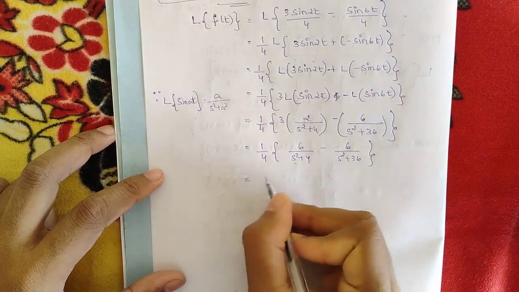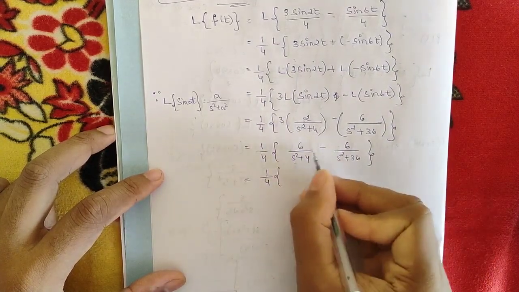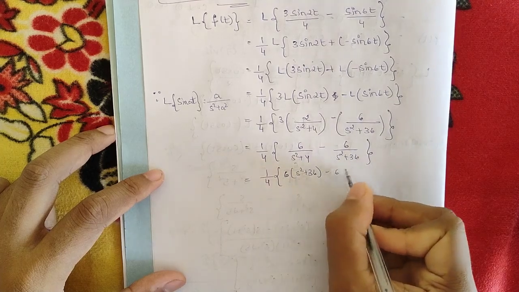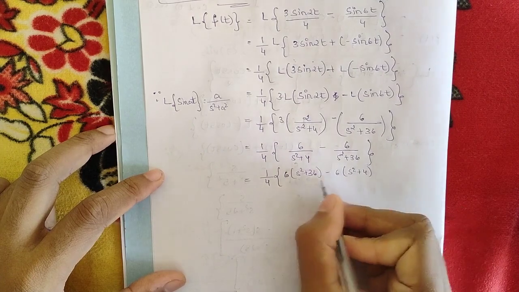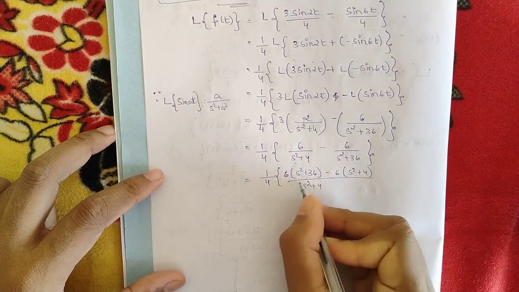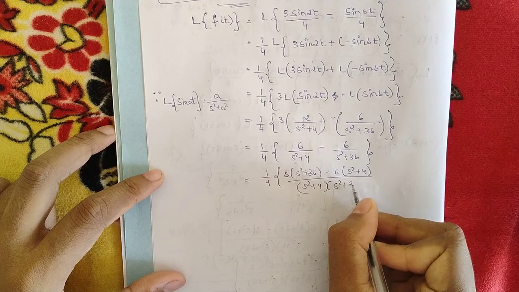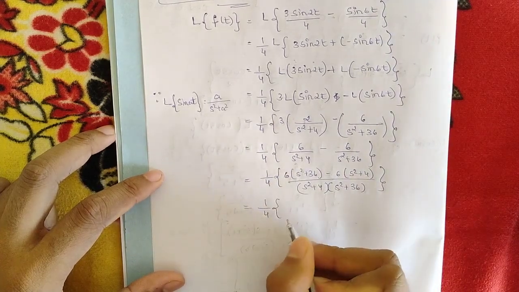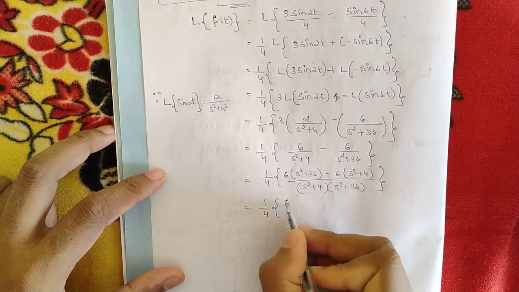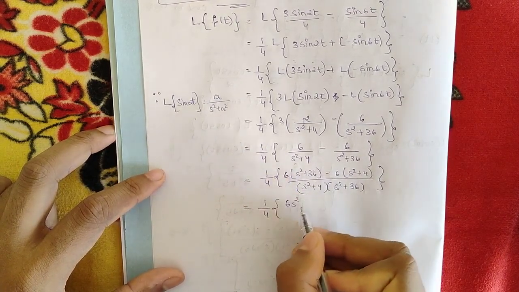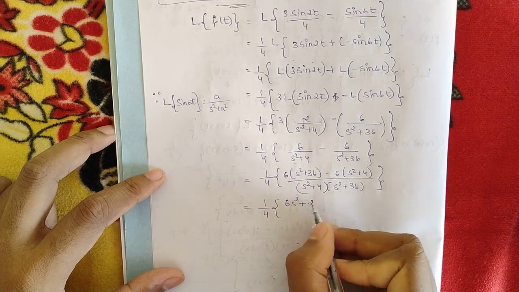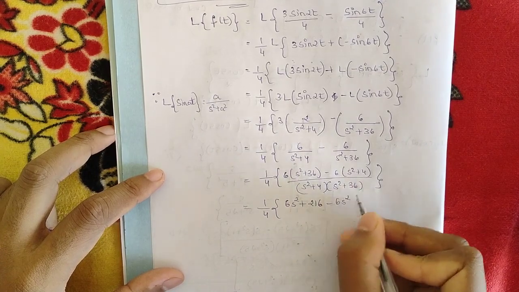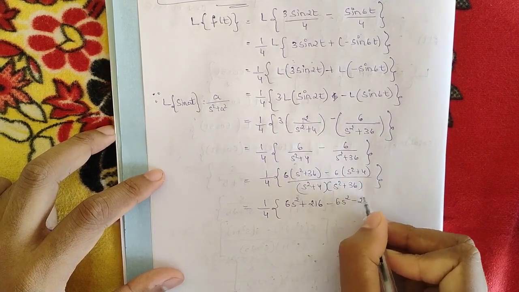Take the LCM, do the cross multiplication and multiply the denominators. So 6 into s square plus 36 minus 6 into s square plus 4, divided by s square plus 4 into s square plus 36. So 1 by 4 into, multiply 6 s square plus 36 into 6. If you solve it, you get 36 into 6 is 216, minus 6 s square, minus 6 into 4, that is minus 24.